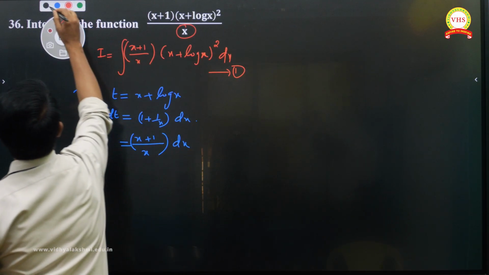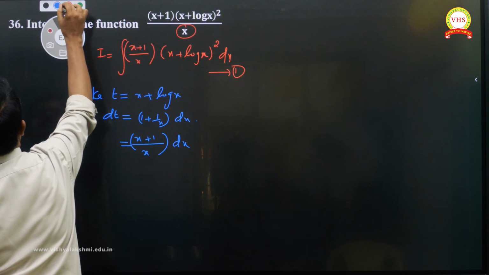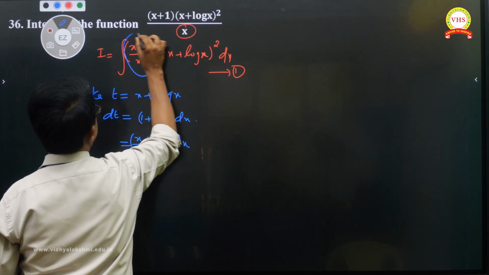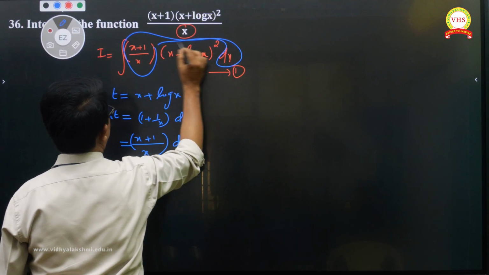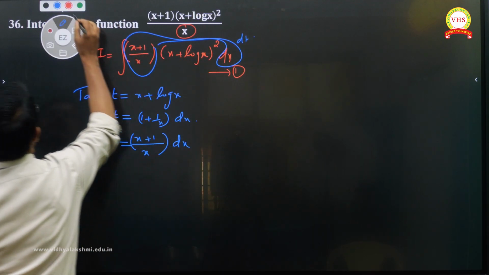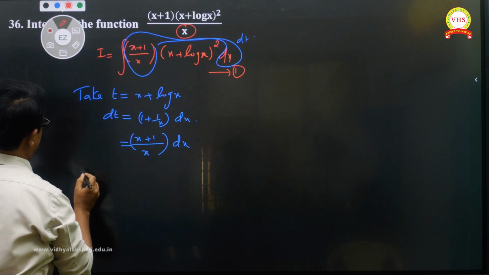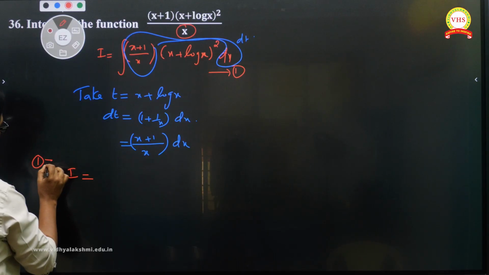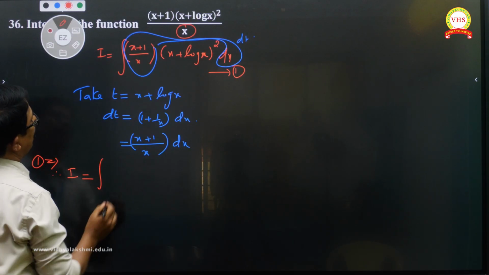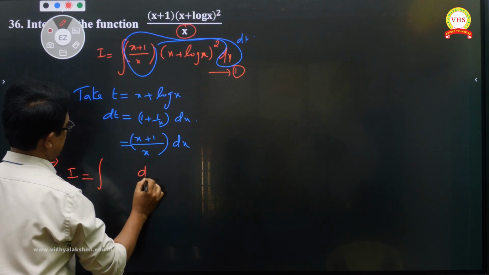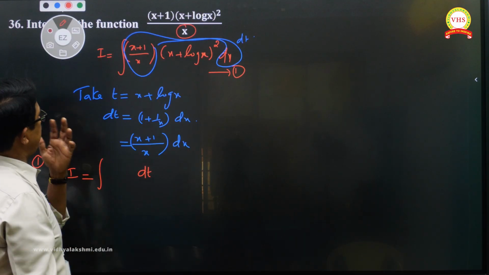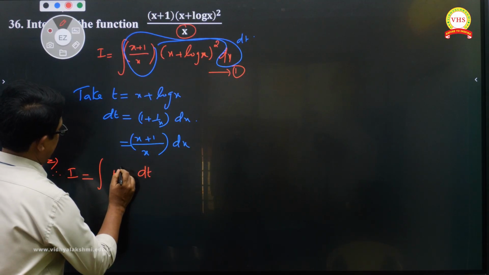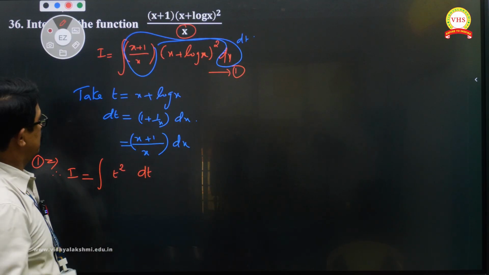Totally, this value is dt, correct? Now what does the integration become? I equals the integral of dt, that is (x plus 1) divided by x as dt, and then t square, because we have taken x plus log x as t.